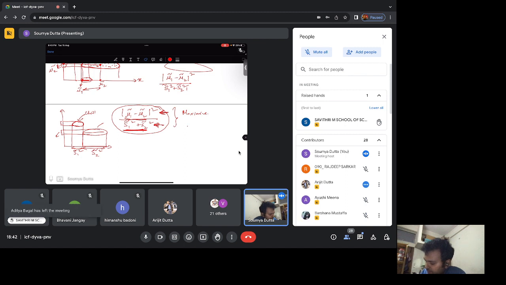Suppose the numerator is 5, mu1 minus mu2 is 5, so the numerator is 5 square. Suppose you have two candidate values: in one case s1 bar square plus s2 bar square is 7, and in the other example your 5 square is as it is, but instead of 7 this becomes, let's say, 6.